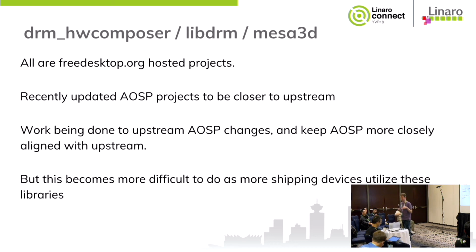We don't want to end up having to lock down those projects on an older version, because the potential risk in moving forward might break devices in the field. So I want to make sure that we're able to stay current and stay on top of the tip of those master branches upstream, so that we can do a lot of testing and be confident that we can move forward without breaking devices.